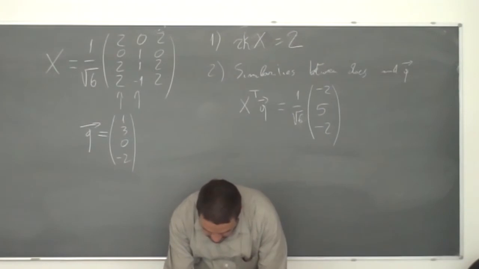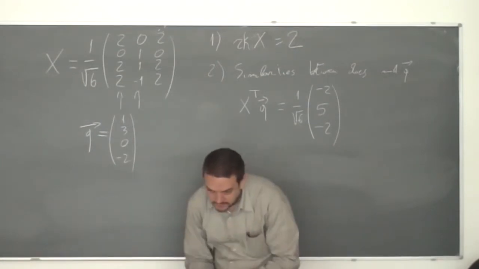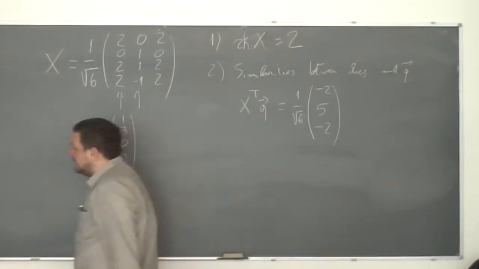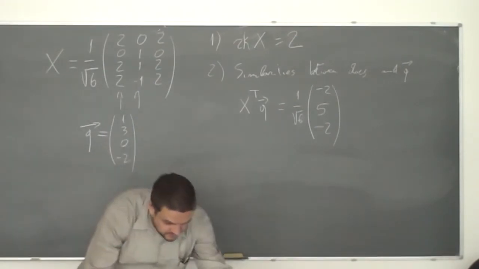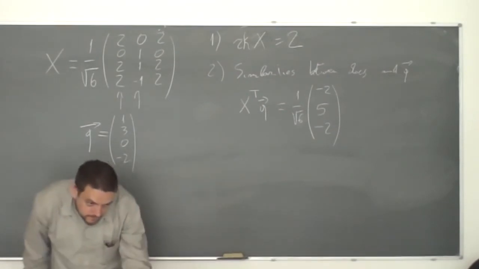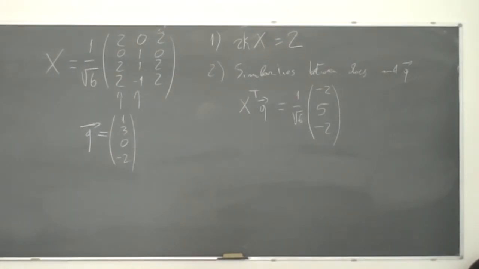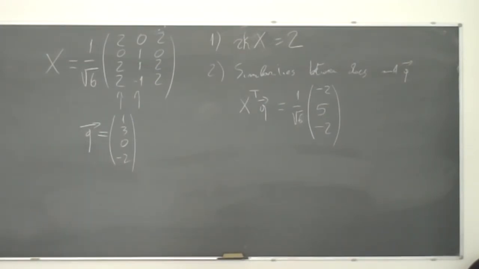The third question, I actually need to remove the screensaver. Okay, the third question is, we have a matrix: let matrix U be some coefficient alpha times 1, 0, 1, 1 and 0, 1, 1, minus 1.